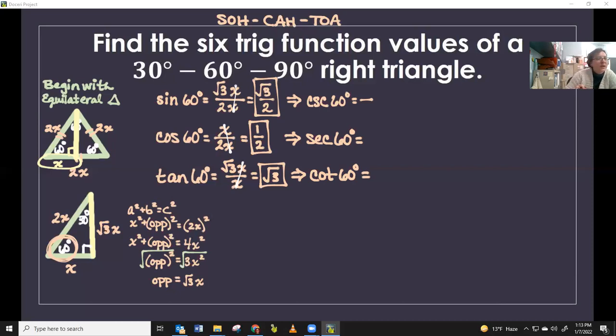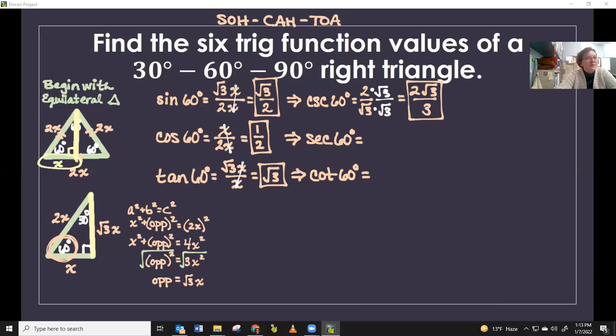Two square root of 3 over 3. Yeah, we're going to start off with the reciprocal of sine. So that would be 2 over square root of 3. Have to rationalize our denominator. So multiply top and bottom by square root of 3. That's going to give me 2 square root of 3 over 3.